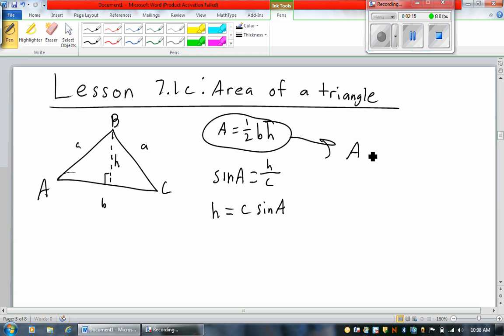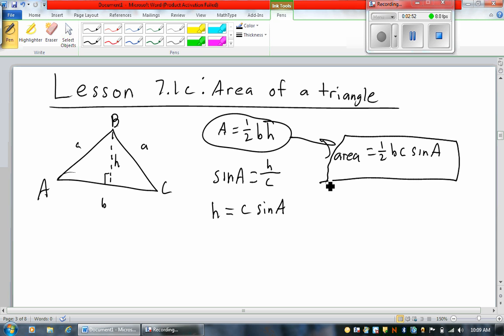Instead of h, area equals 1/2, still side b, which notice is our base, but this time instead of h, we're going to multiply it by c times the sine of A. I'll write out area, because this, of course, is not the angle A. This is the area. Area equals 1/2 bc sine of A.